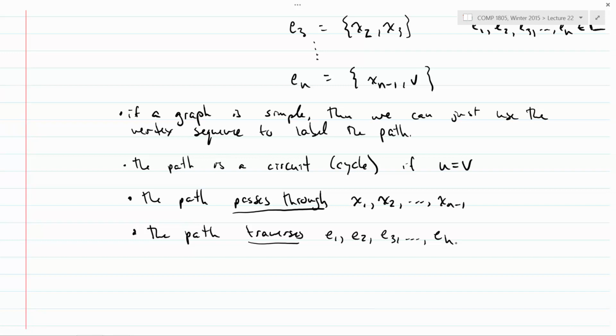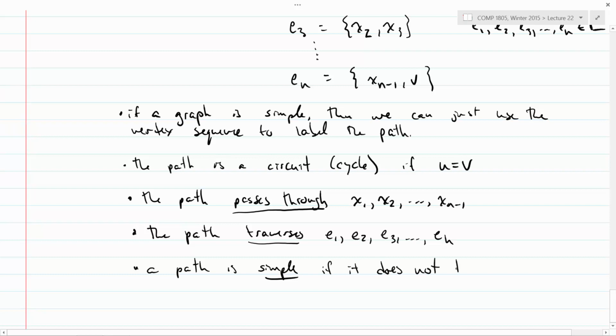And we also have the notion of a simple path. A path is simple if it does not traverse an edge more than once. And usually we're interested in simple paths, right?